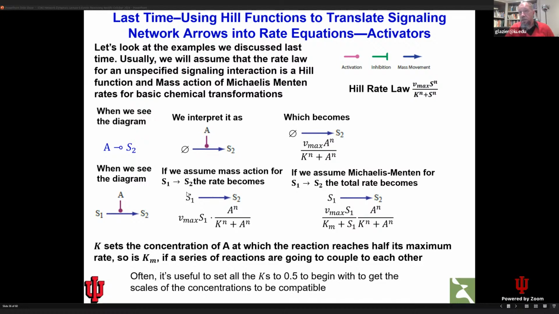If we had S1 goes to S2, then naively we would either assume mass action, in which case our Hill function would be multiplied by V max times S1. Or we might assume a Michaelis rate of reaction: V max times S1 over Km plus S1, times the Hill function.